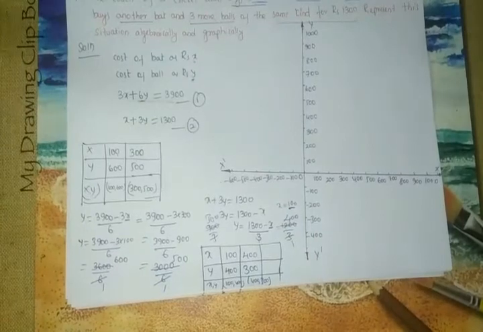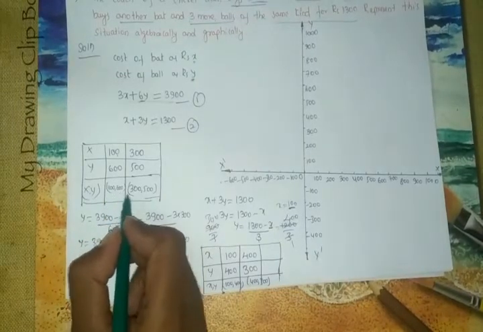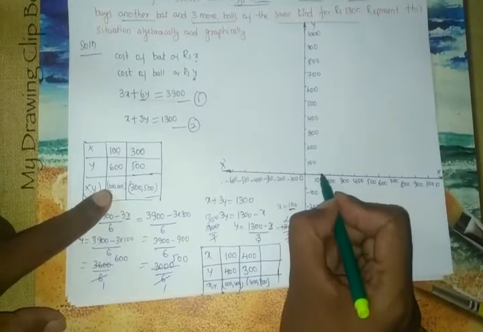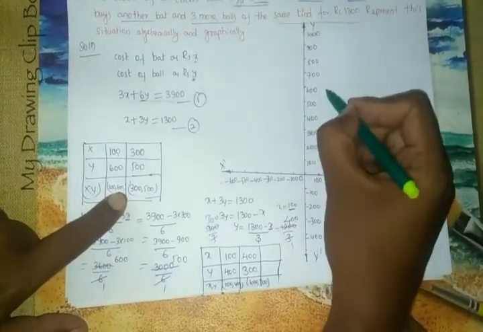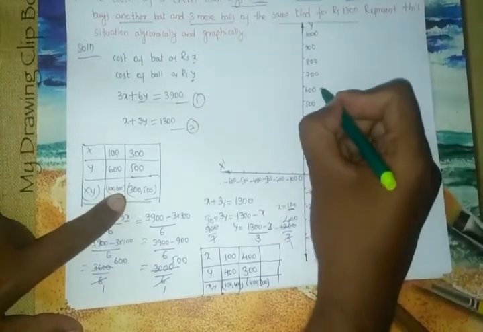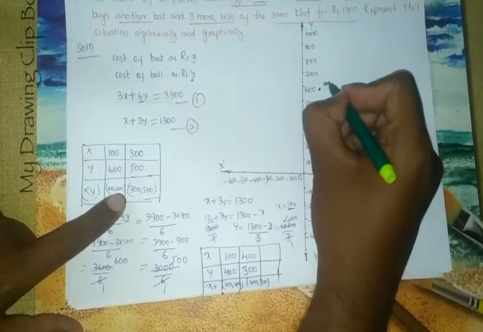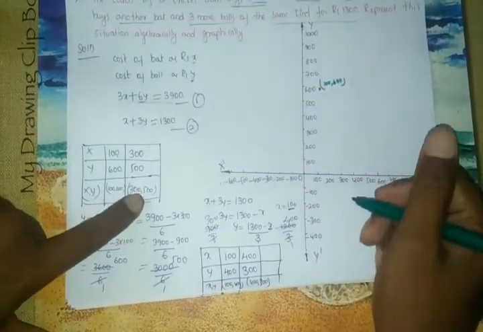Let me represent equation 1 on our graph. For equation 1, I have got 2 points, that is 100 comma 600 and 300 comma 500. When x is 100, the value of y is 600, so somewhere here, this is the point 100 comma 600. Another point is 300 comma 500.